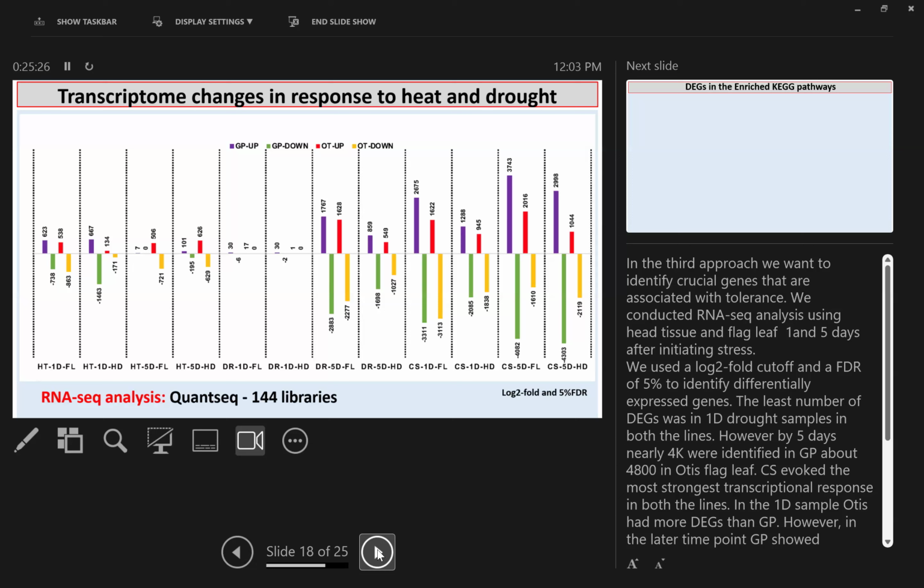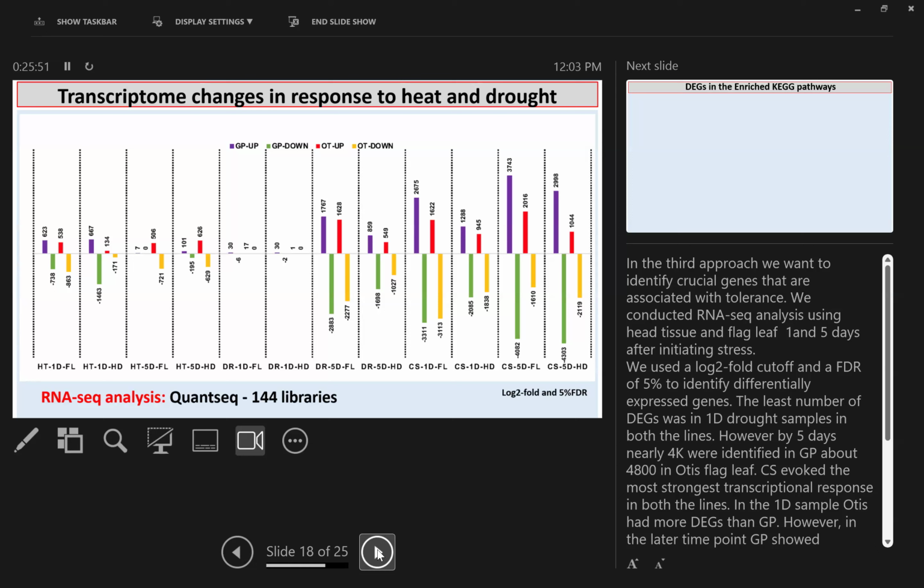And there is a second take home message. You can see, I don't know how many of you can see the numbers out there, but the change in the gene expression in Golden Promise, the sensitive line, is much higher compared to Otis. So we thought, okay, maybe Otis is inducing those genes to very high levels, and those are the ones which are important.